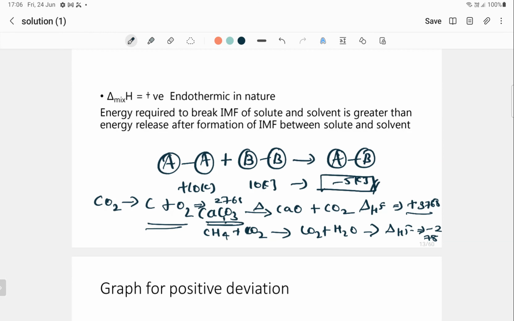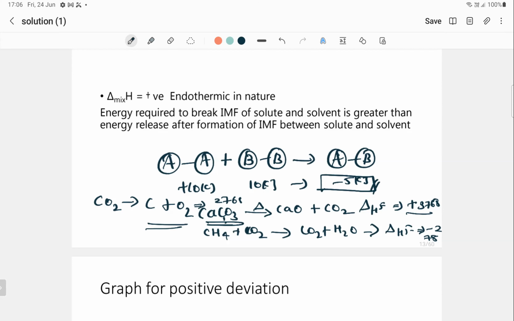But you have to compare in positive deviation. This bond is very, very weak. Intermolecular force of attraction is very, very weak, so the energy released is very, very small. But the net will be minus, because your solute is combining with solvent. Clear? So that's a minus value.